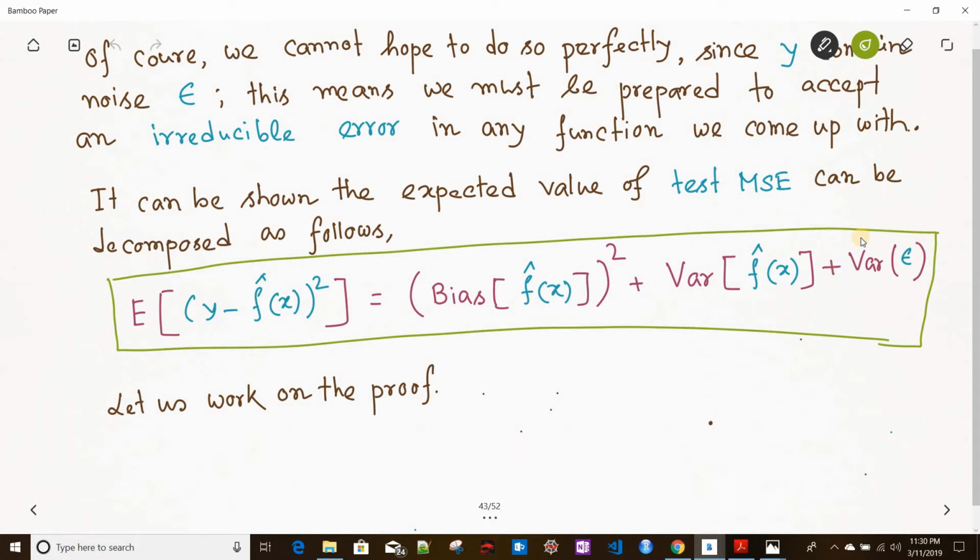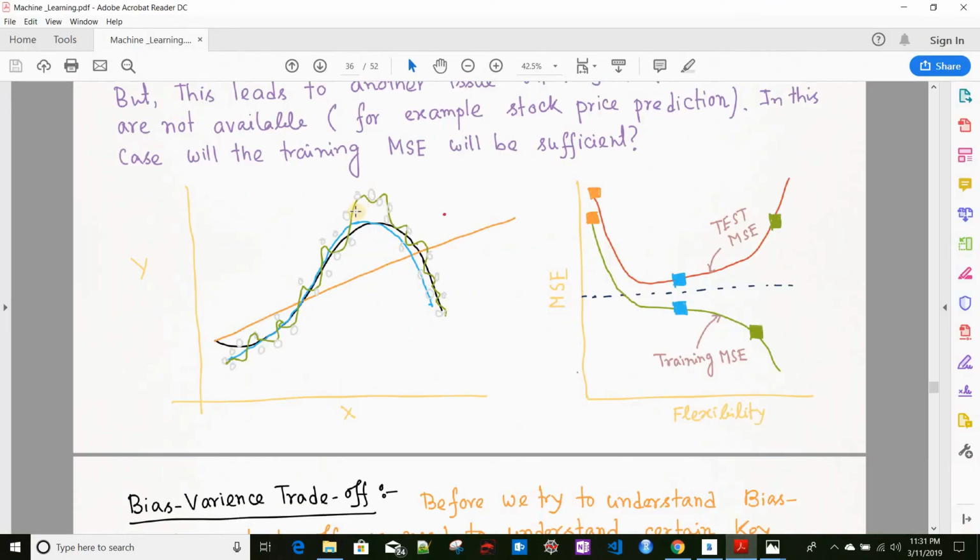That means the model will always have the irreducible error, if we want to model a particular system or data set using various kinds of regression models. So if I just go back over here, this particular data set we modeled using three different things: one linear regression and two non-linear regressions.